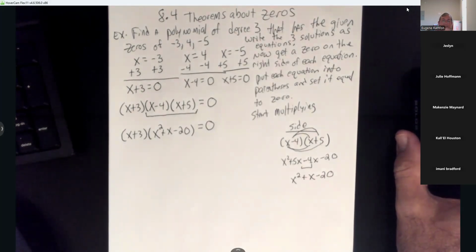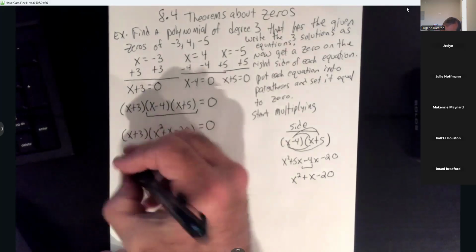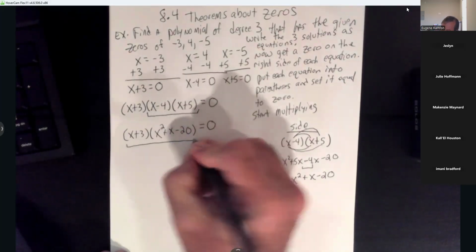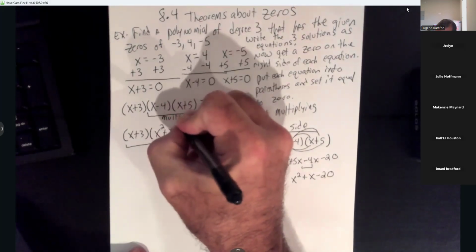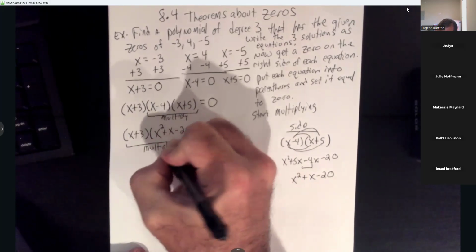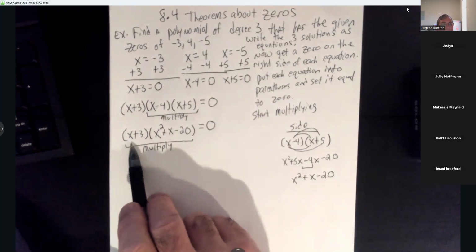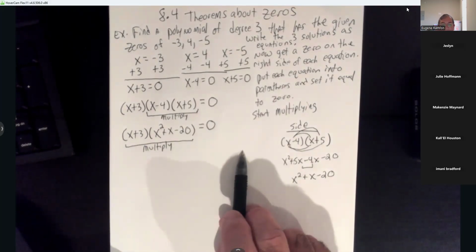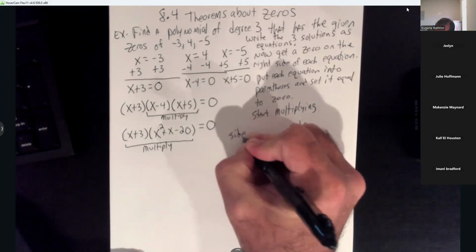So now guess what? These two got multiplied. Now we're going to multiply these. So I multiplied those first. Now I'm going to multiply this. So we can either do that on the side again, or we can do it right here. So y'all, I'll just do it on the side again.